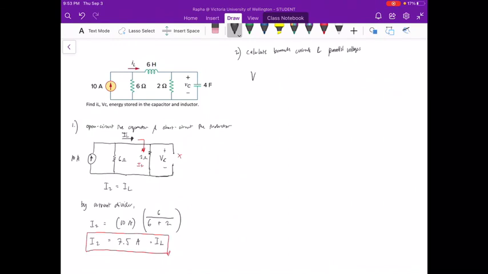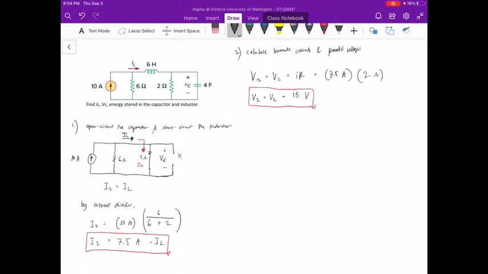We have V2, which is equal to VC in this case, is equal to IR, which is 7.5 amperes times the value of resistance, 2 ohms. Then V2 is equal to VC, 7.5 times 2, is equal to 15 volts. That's our second answer. Very easy.